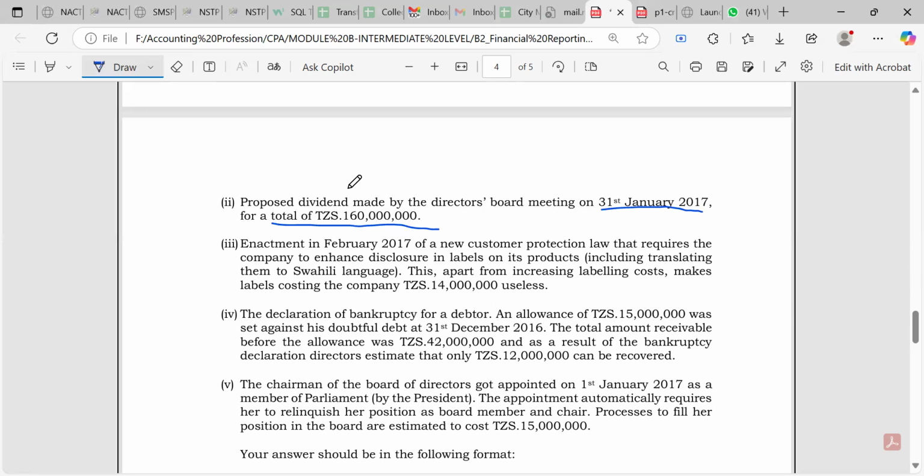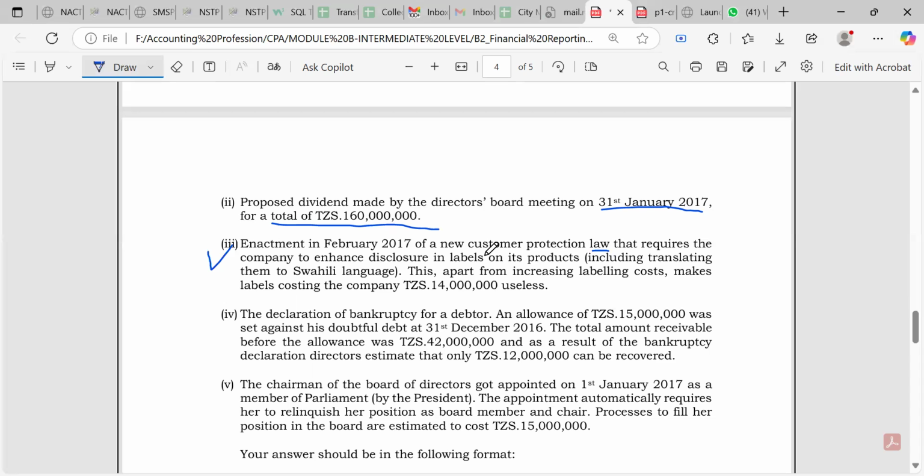These are just examples, and you could find a lot. I should give you this one as an example so that you can deal with it. This one is the enactment in February 2017 of a new consumer protection law that requires the company to enhance disclosure in the labels on its products, including translating them to Swahili.